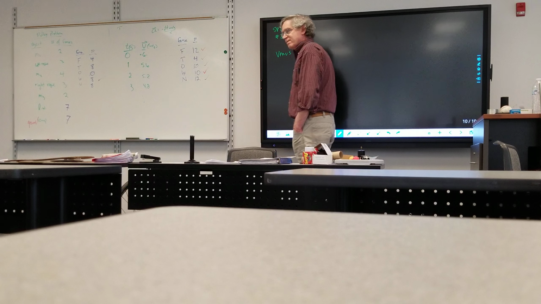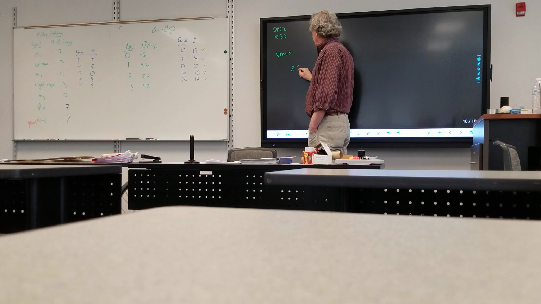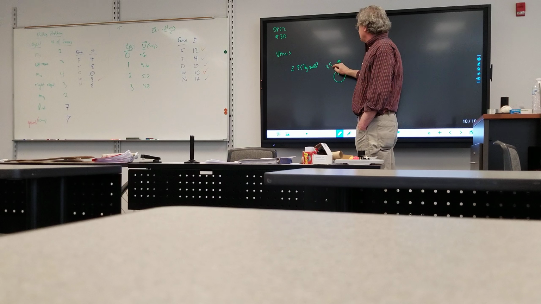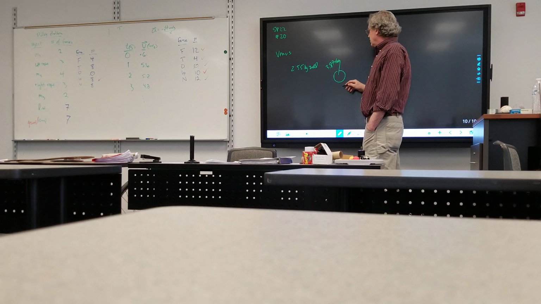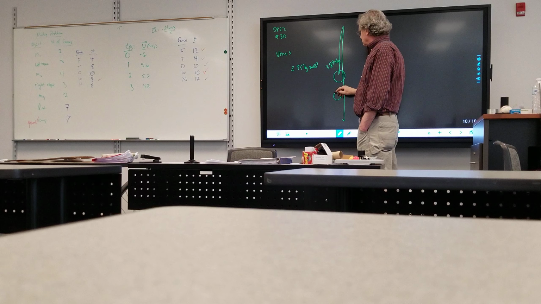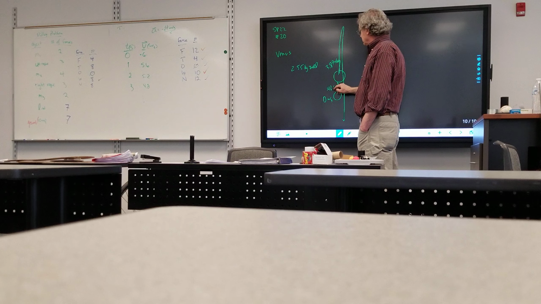A 2.55 kilogram ball is thrown straight up into the air at an initial speed of 3.87 meters per second at time of release. When the ball was thrown, it started from rest in the hand and was moved straight up at a constant acceleration for 0.42 seconds. As usual, ignore air resistance. And then it says, what is the weight of the ball?